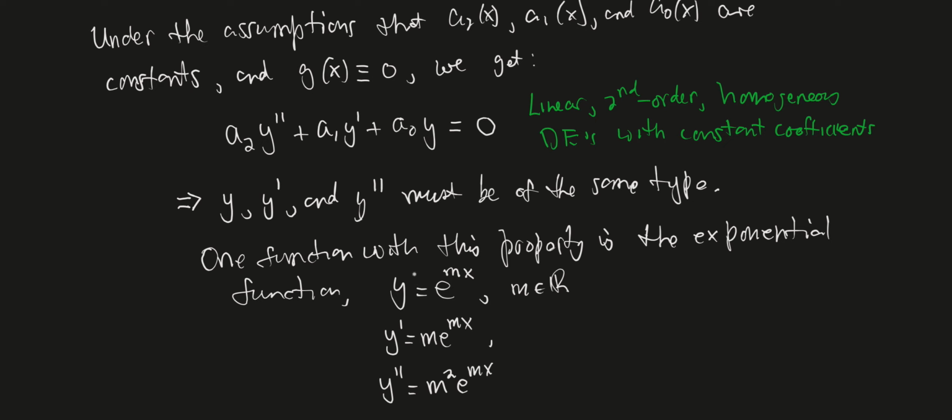Well, if this function is supposed to satisfy this differential equation, then if I take the y and y prime and y double prime and substitute them into the left-hand side, it would have to simplify and give me 0, right? And then maybe that would be a way for me to figure out what m has to be.